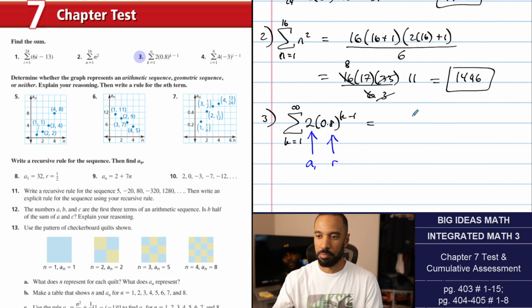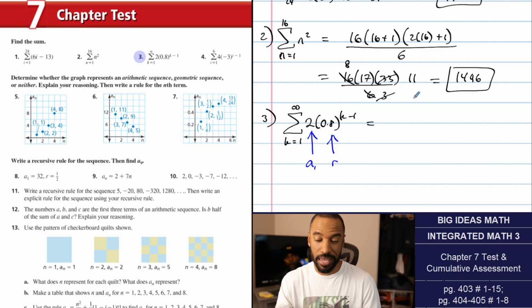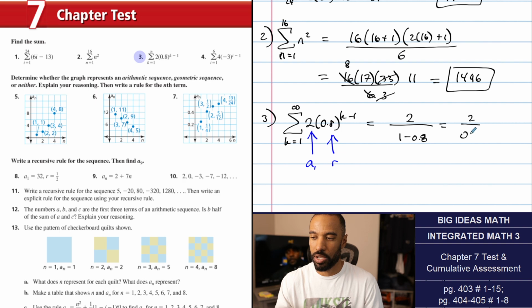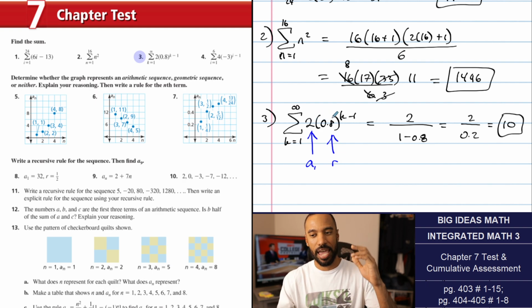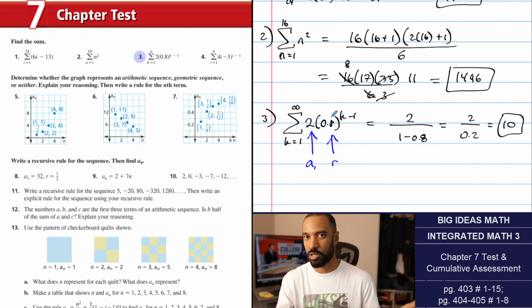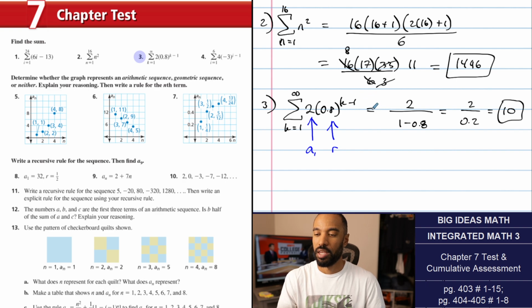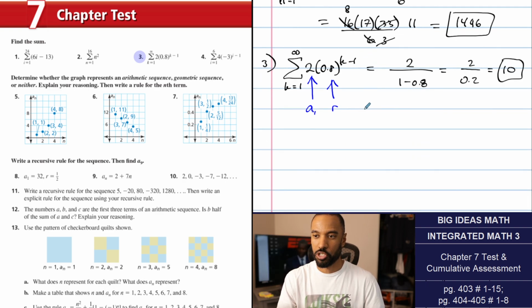We do a divided by 1 minus r. 1 minus 0.8 is 0.2, and 2 over 0.2 is 10. 10 is the sum of this infinite series as you do 2 plus 80% of 2, which is 1.6, plus 80% of 1.6, etc. Infinitely, it converges toward the value 10.